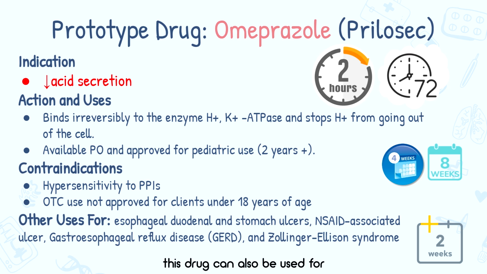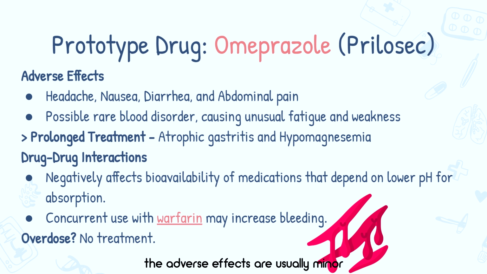This drug can also be used for esophageal, duodenal, and stomach ulcers, NSAID-associated ulcers, gastroesophageal reflux disease, and Zollinger-Ellison syndrome.